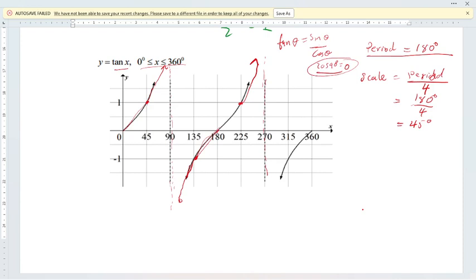So now we're done with the period. Let's go to the amplitude. What is the amplitude of this graph? 1.